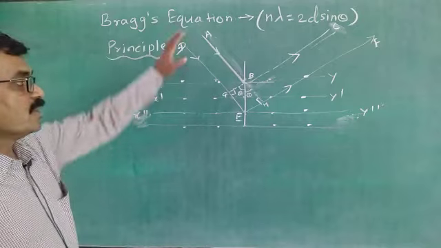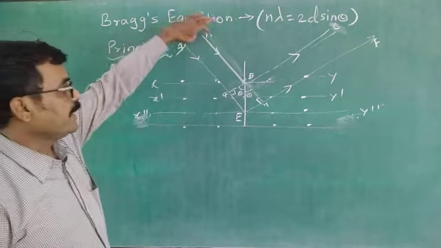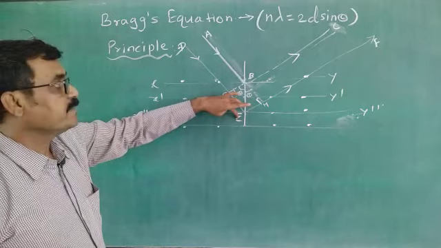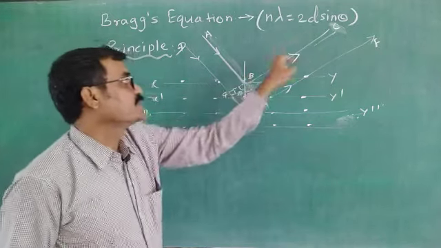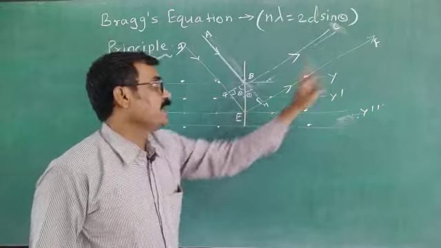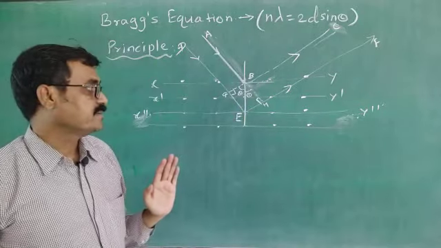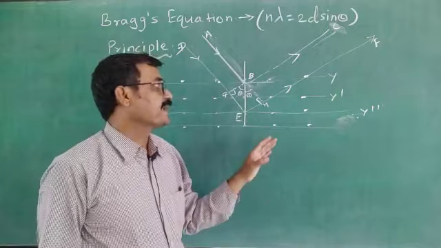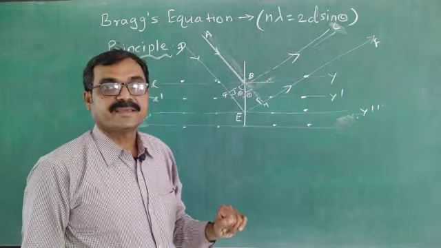No doubt from the diagram it is clear that AB and DE are incident X-rays, and BC and EF are reflected X-rays. Now what is the path difference between the incident X-ray and the reflected X-ray?